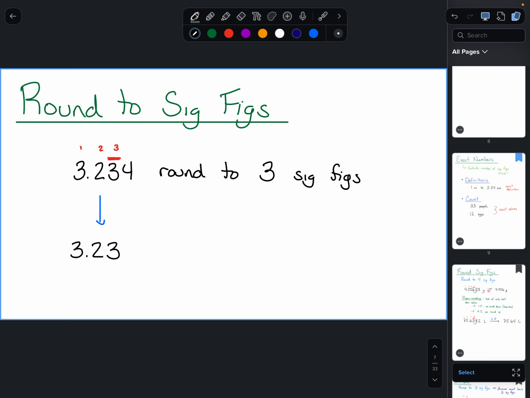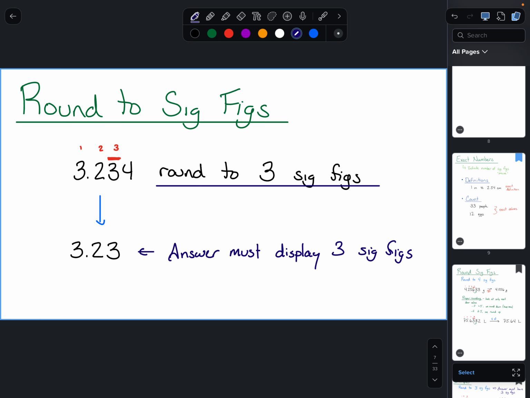Importantly, when we say round to a certain number of sig figs, that means our answer must display those 3, in this case, sig figs. All right, so 3.23, we're all convinced there's 3 sig figs there? Great, so then I rounded that number to 3 sig figs.